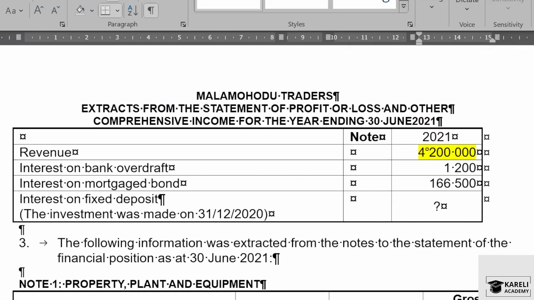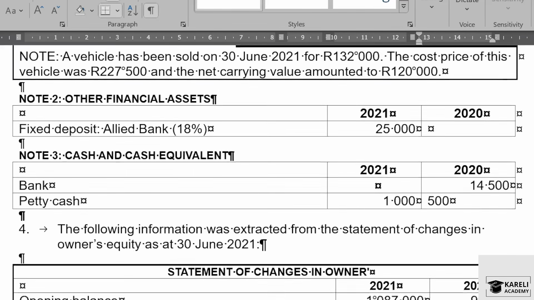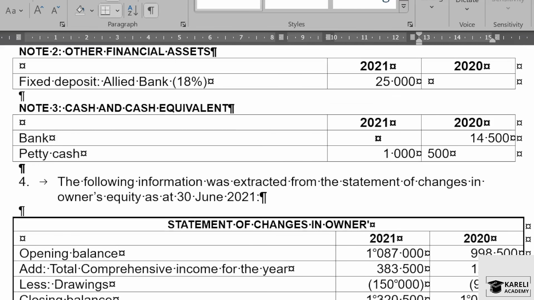If it's not there, you know that you will always get your profit under the statement of changes in owner's equity. And then you would take the one for the current year, meaning your closing balance.